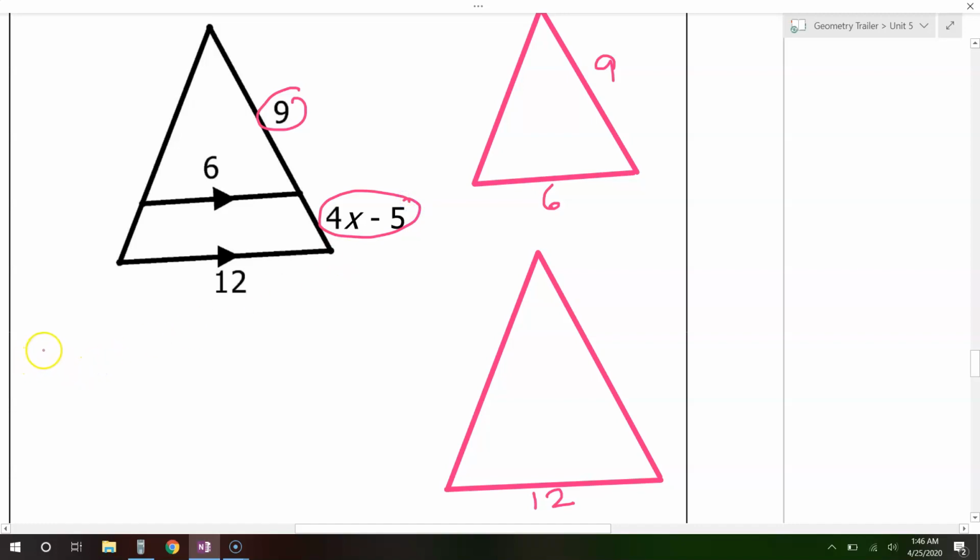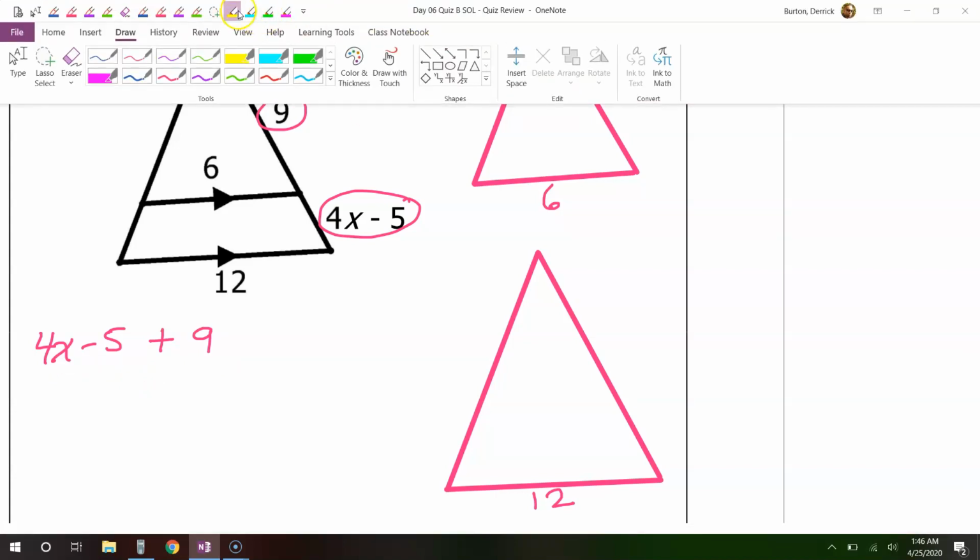Well, it'll be more obvious if I write it like this: 4x minus 5 plus 9. All right, I'm adding 4x minus 5 and I'm adding 9. But how do I do that? I just simply combine like terms. You know how to do that.